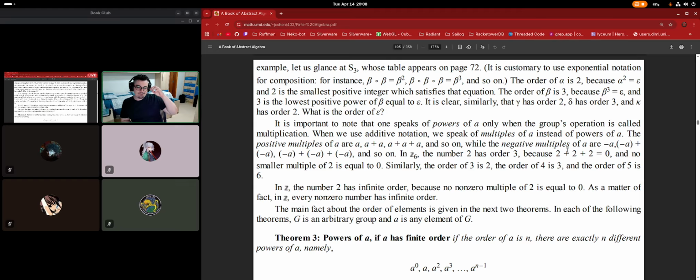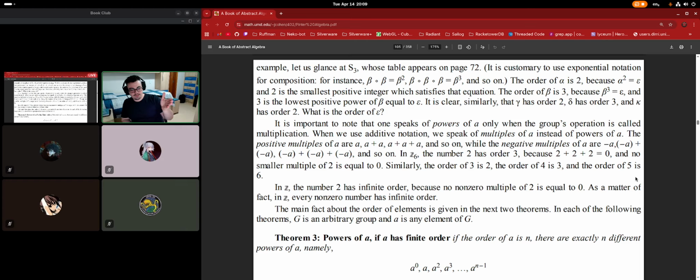Which again, in my eyes, this order stuff is all about converting everything to modulo. Everything is now isomorphic to modulo. And no smaller multiple of 2 is equal to 0. Similarly, the order of 3 is 2, the order of 4 is 3, and the order of 5 is 6.